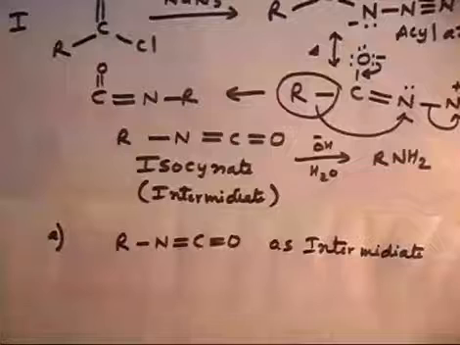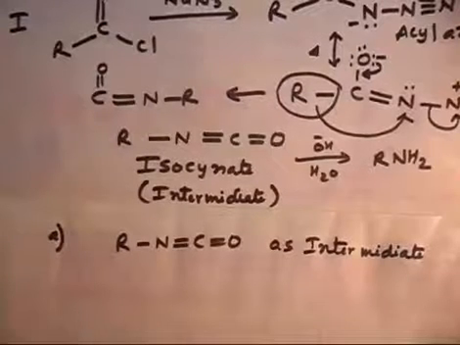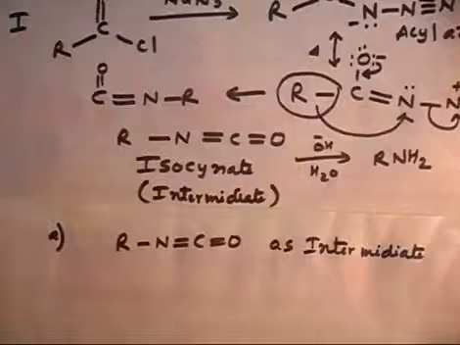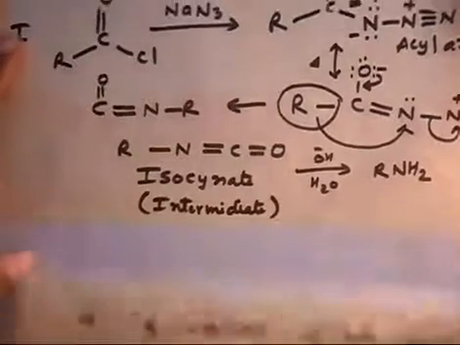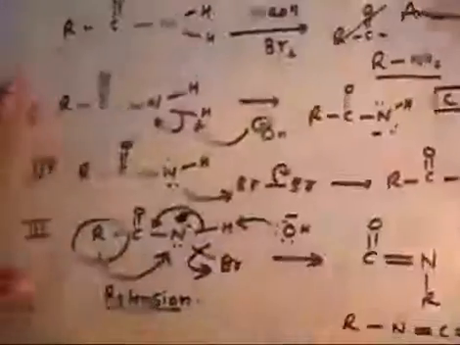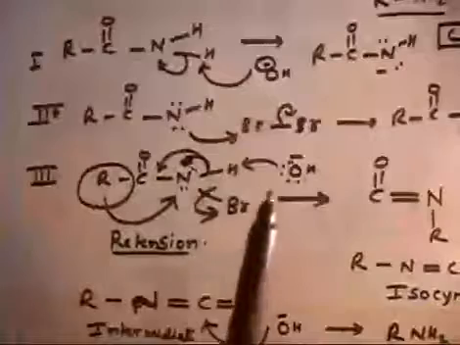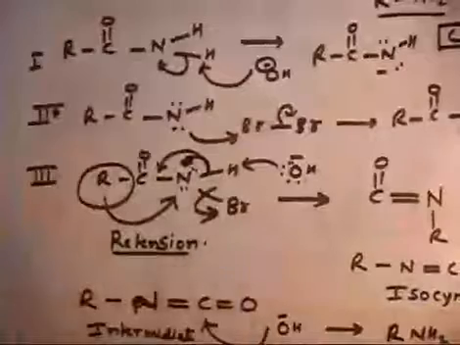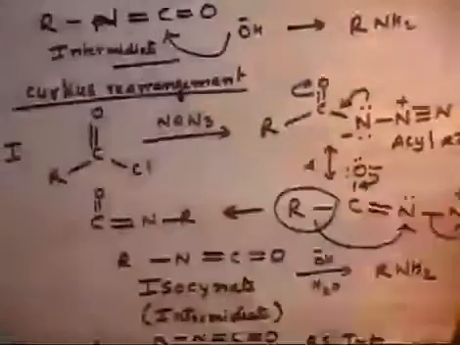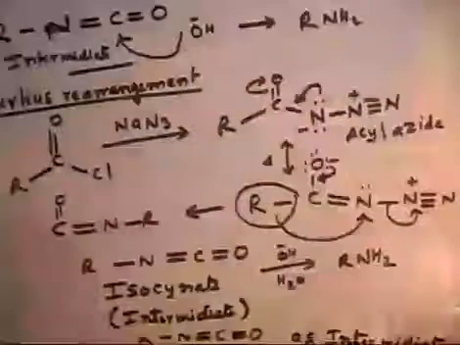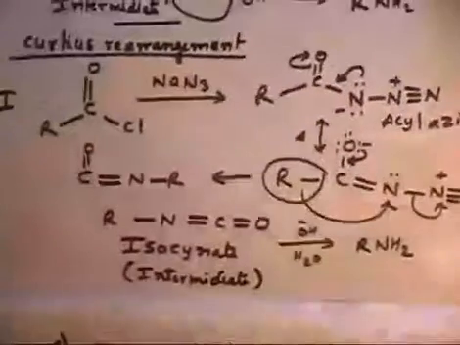Now any other thing that is similar? You have to look for similarity. In this case nitrogen contains a good leaving group, bromine, and in the other case nitrogen contains a good leaving group, that is N2. So in both cases you have a good leaving group.